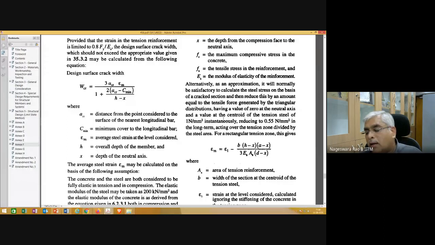You assume your FCTS to be varying in this manner.